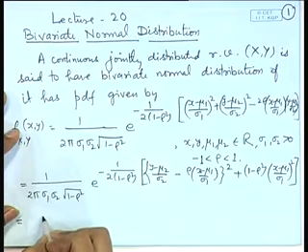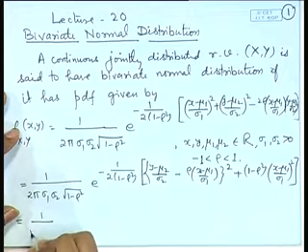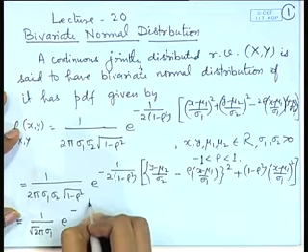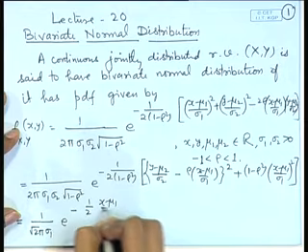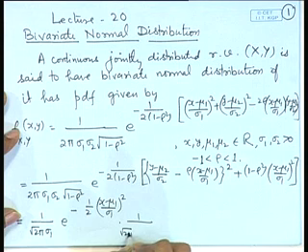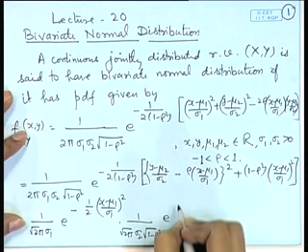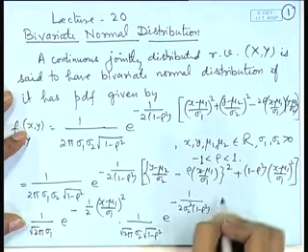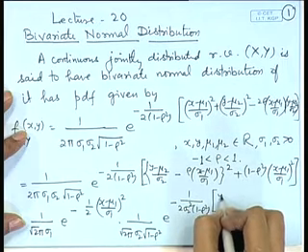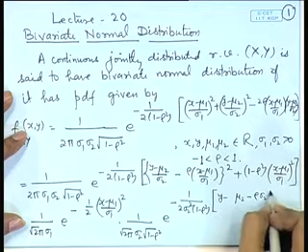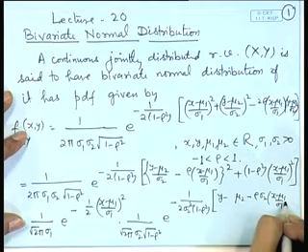which we can write as 1 by root 2 pi sigma 1 e to the power minus 1 by 2 ((x minus mu 1) by sigma 1) square, and 1 by root 2 pi sigma 2 root 1 minus rho square e to the power minus 1 by 2 sigma 2 square (1 minus rho square) times (y minus mu 2 minus rho sigma 2 (x minus mu 1) by sigma 1) whole square.